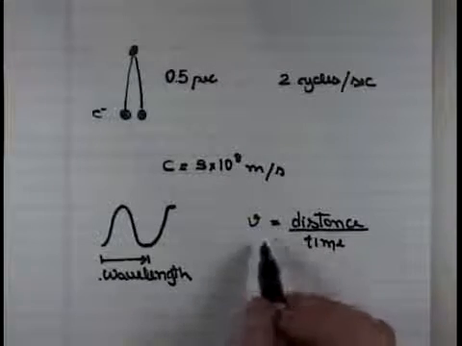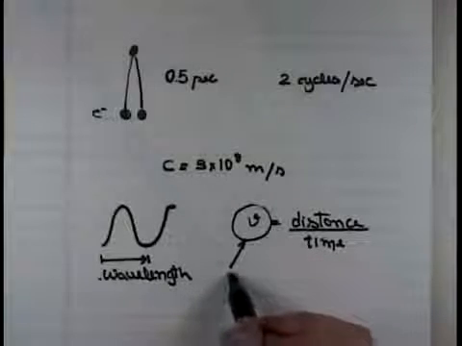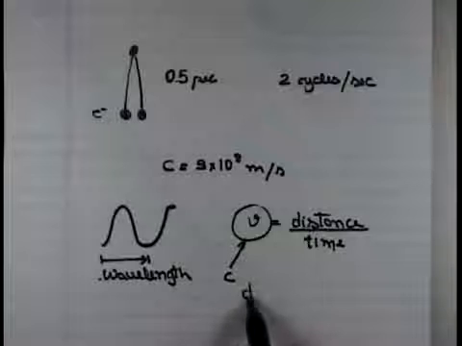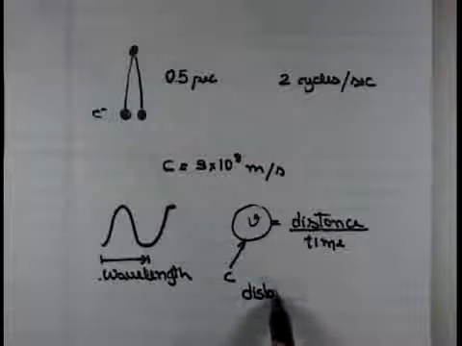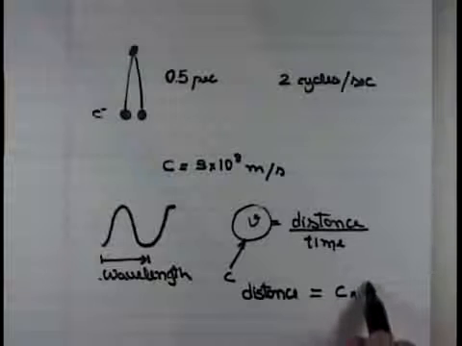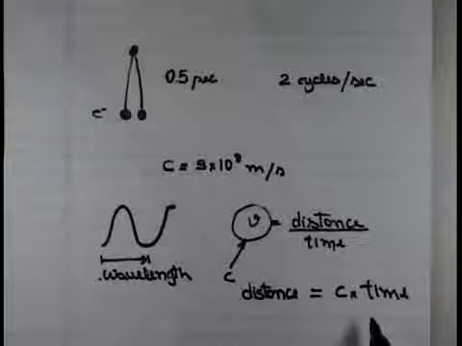In other words, if the velocity is constant, equal to c, you can say that the distance is c times the time. The time is the period. c is the speed of light.